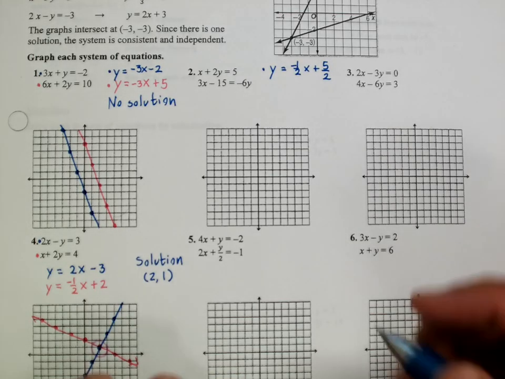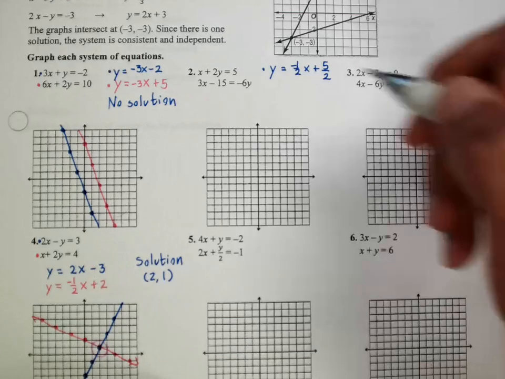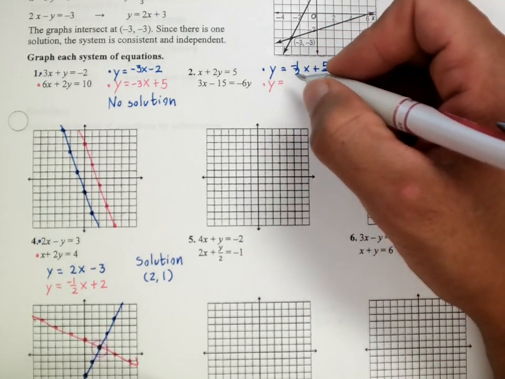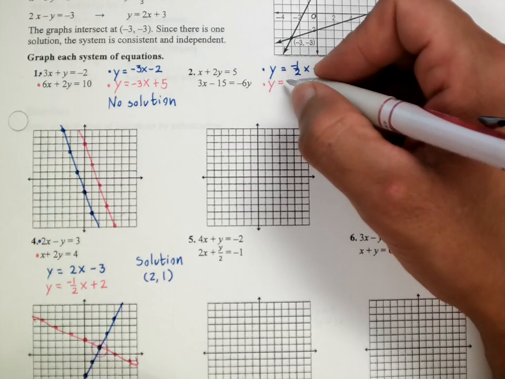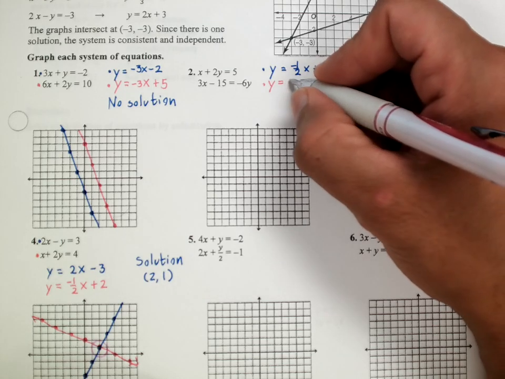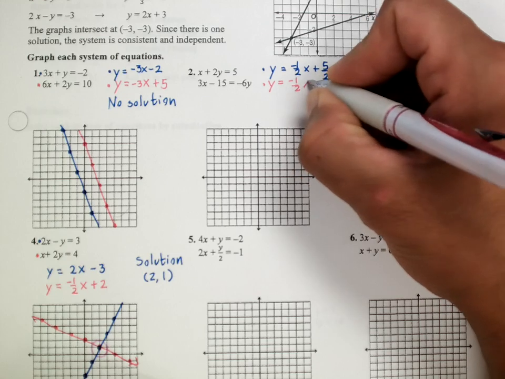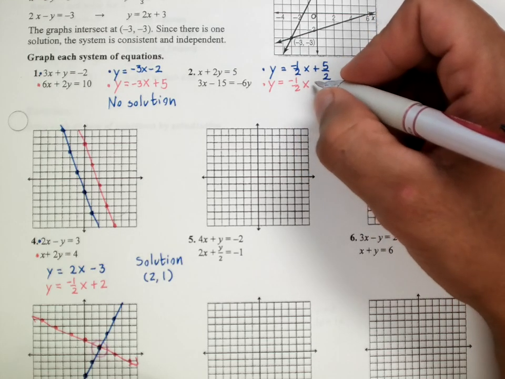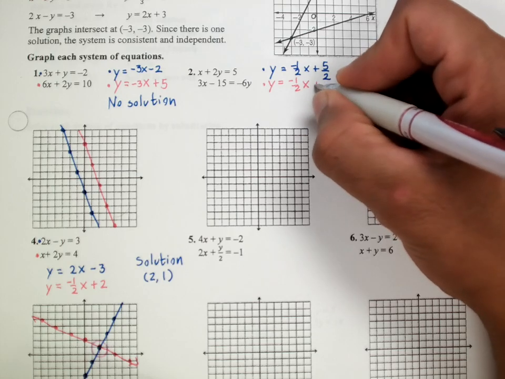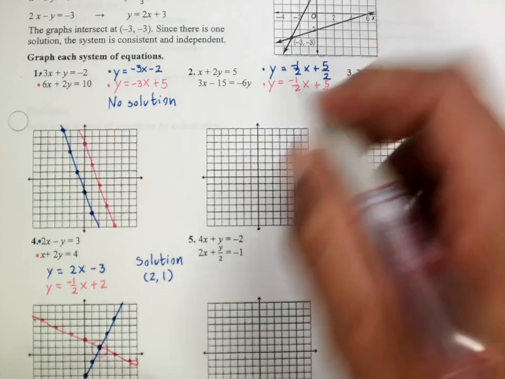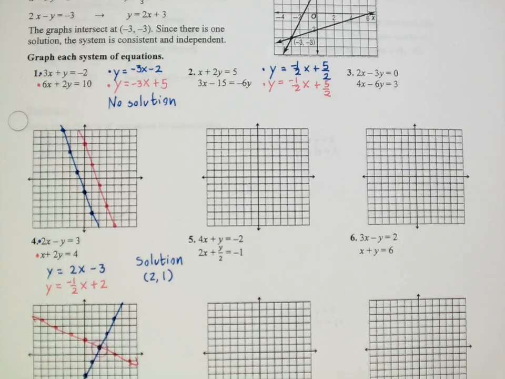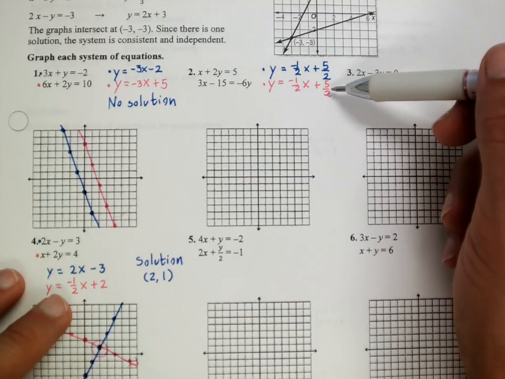If we solve for y on the bottom equation, we get -1/2 x, and the next part turns out to be exactly the same: negative 15 over negative 6, which reduces to 5/2. Notice that the equations of those two lines are exactly the same.